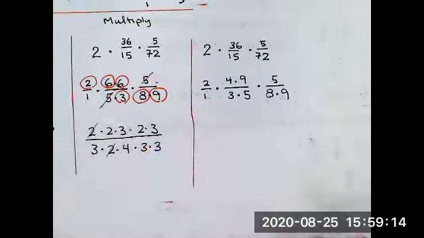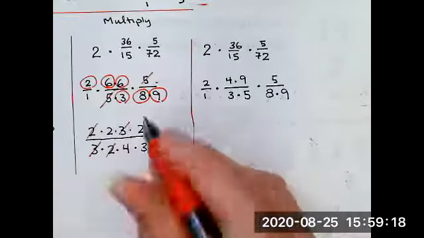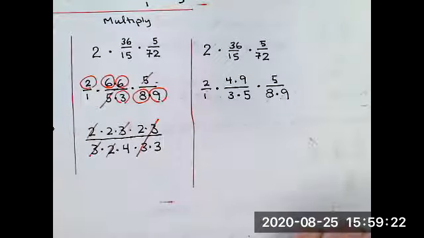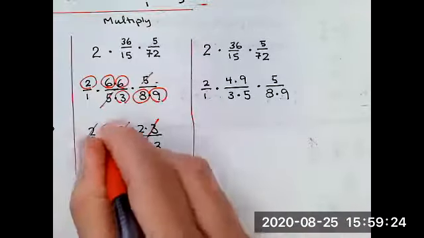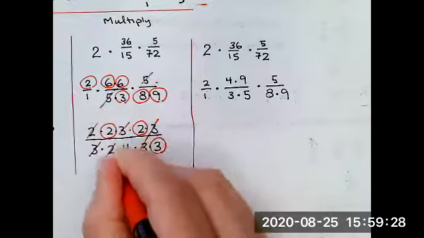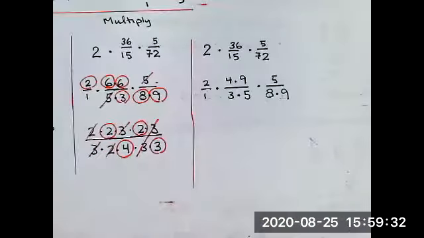2 over 2 equals 1. 3 over 3 equals 1. 3 over 3 equals 1. What do I have left? I'll keep breaking this down.